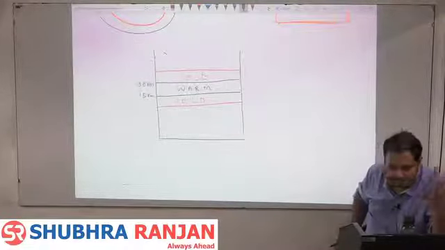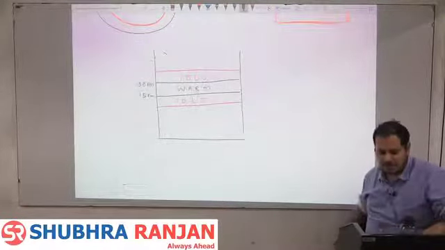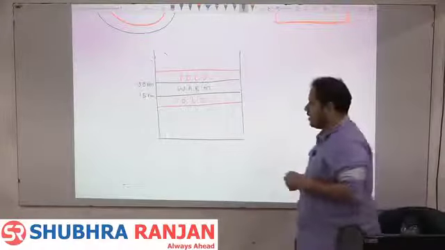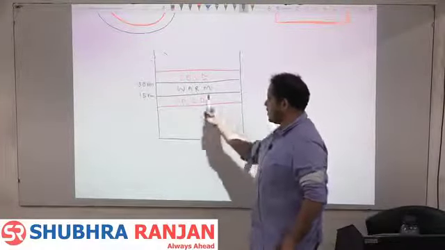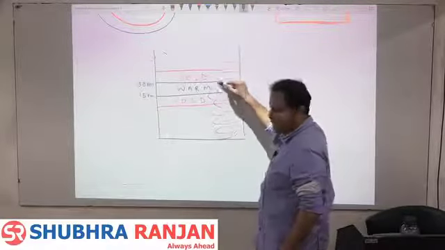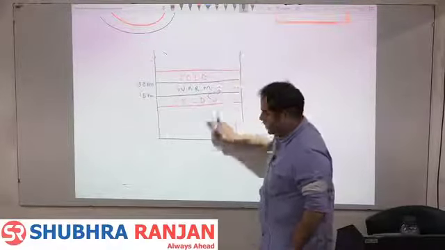There is no diagram for this. This diagram is just for your understanding. Why only when there is no vertical movement of air? Because if there is vertical movement of air, there will be mixing. Mixing, and this layer will be removed. Fine?